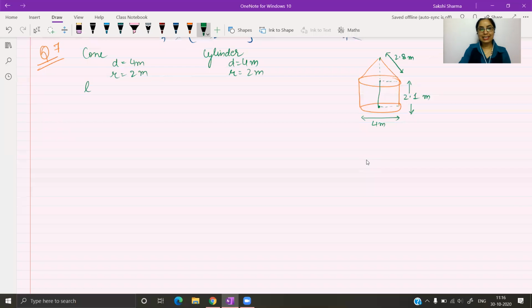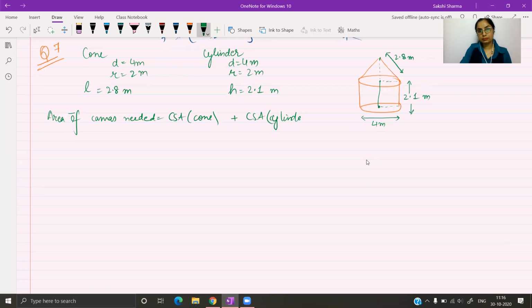And then the slant height for the cone is 2.8 meters and the height of the cylindrical part is 2.1 meters. We have to find out the area of canvas. And then afterwards, you need to find out the cost of canvas.